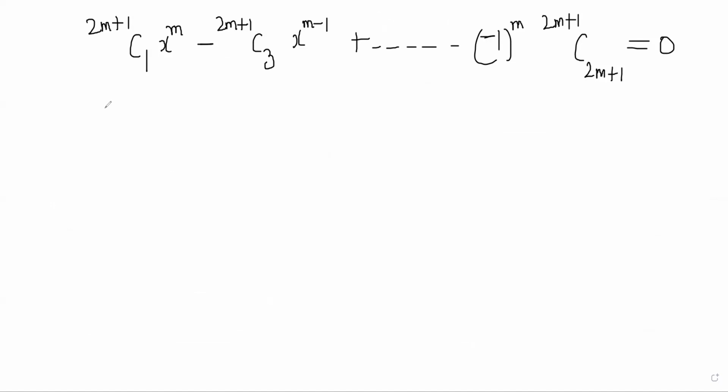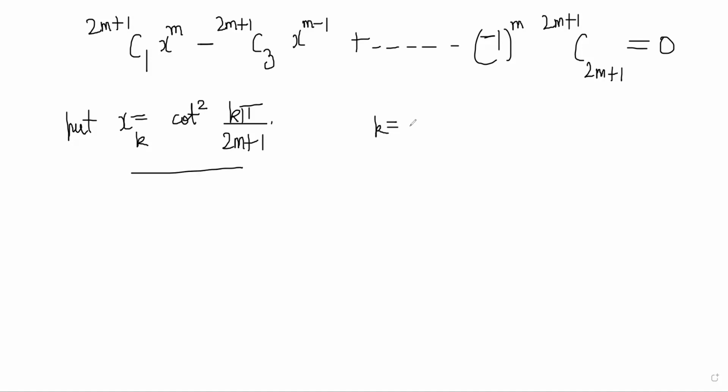This is my equation, and in this equation if you put x is equal to xk is equal to cot square k pi by 2m plus 1, where k goes from 1 to m, in that case, we will get all the identities that we had already established.